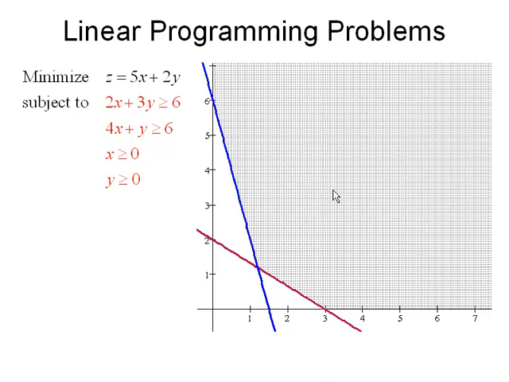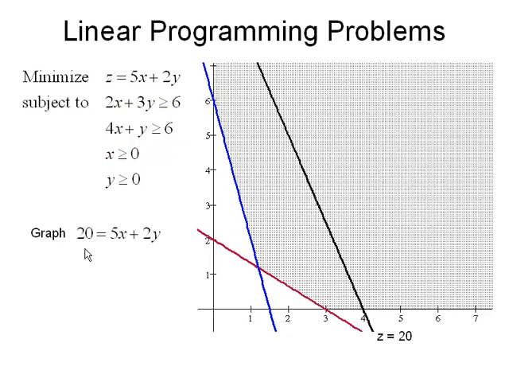Now let's get an idea of what's going on with this objective function. I'm going to go ahead and put a value of z into the objective function. So I'm going to put 20 in place of z. So when I graph this, I get a line, and what this means is everywhere along this black line, z has a value of 20.